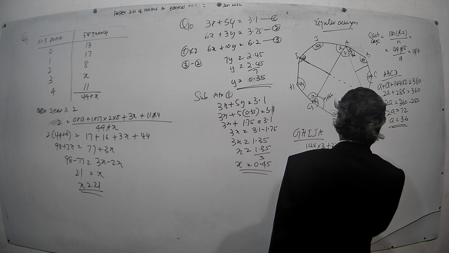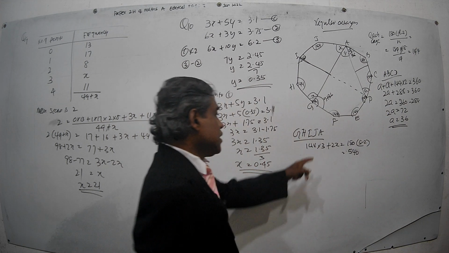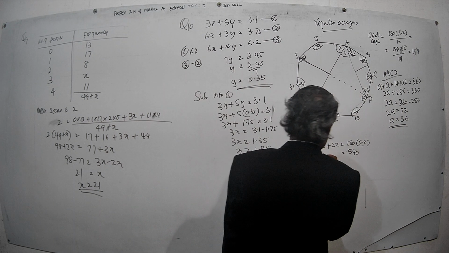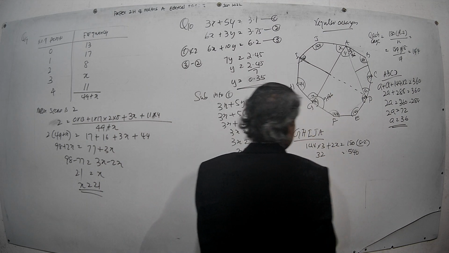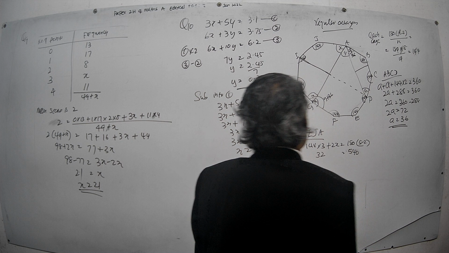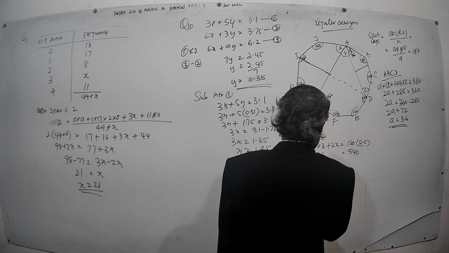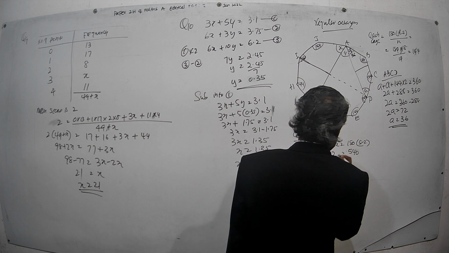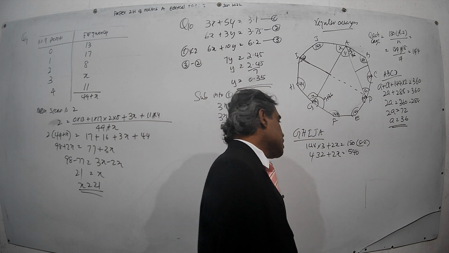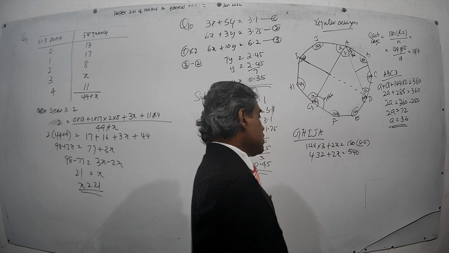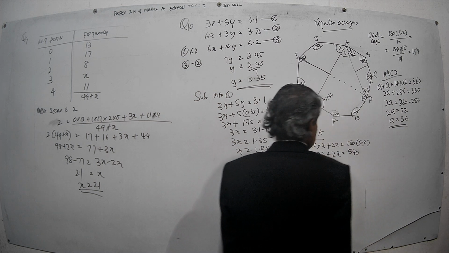Three times 144 is 432. Then 432 plus 2x equals 540. Then take it to that side.